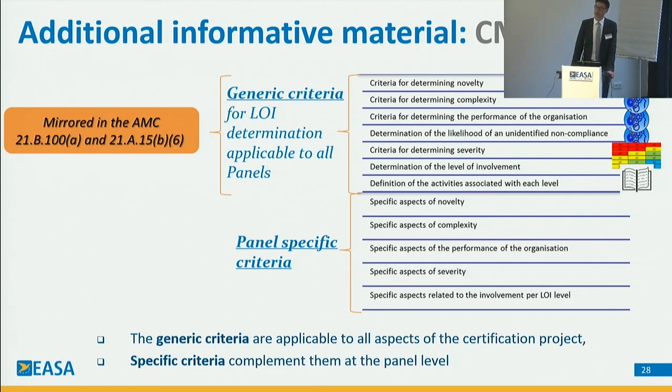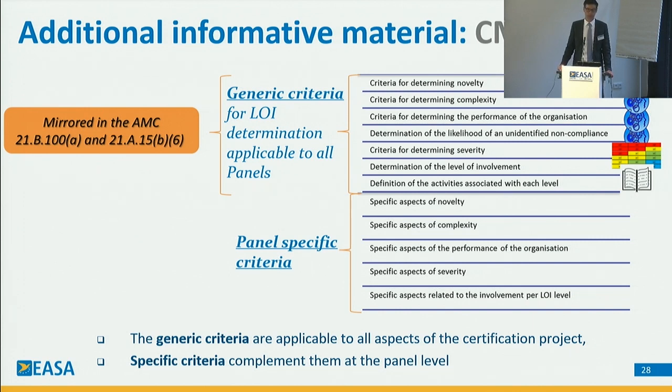Additional informative material is the certification memorandum, which was already published on our webpage, and which we are going to update this week or next week. At the moment it includes the generic criteria in the generic part for LOI determination, which is applicable to all EASA panels, and this is 99.9% a copy-paste of the AMC/GM material in place.